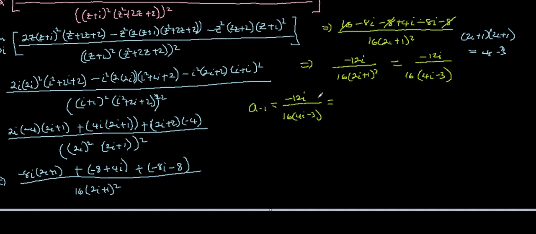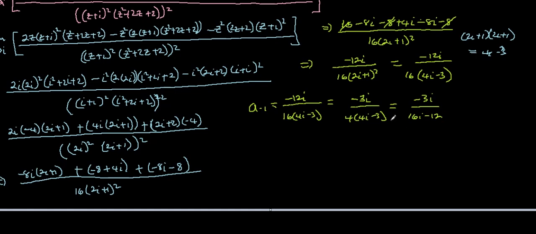So from here, let's simplify this. We have 4 can divide 12 here. We are going to have 3i divided by 4 into (4i minus 3). So this will be minus 3i divided by (16i minus 12). So this is what we have.